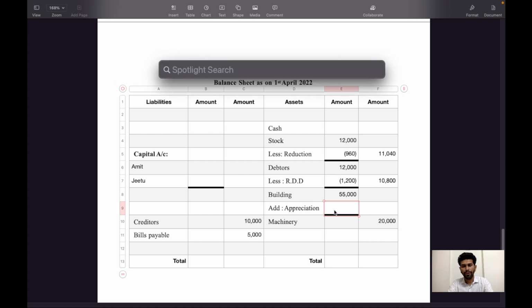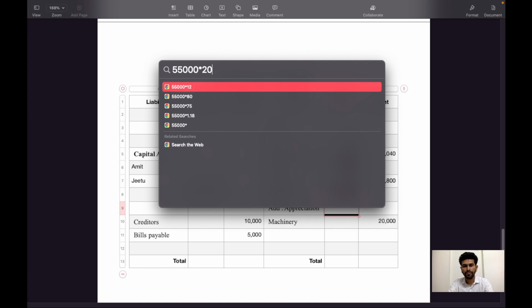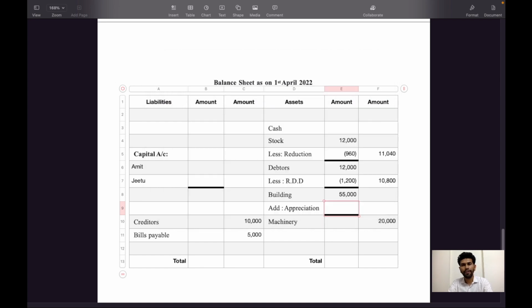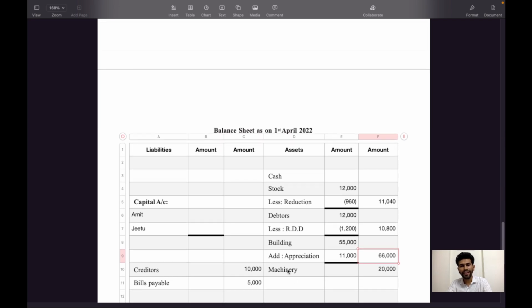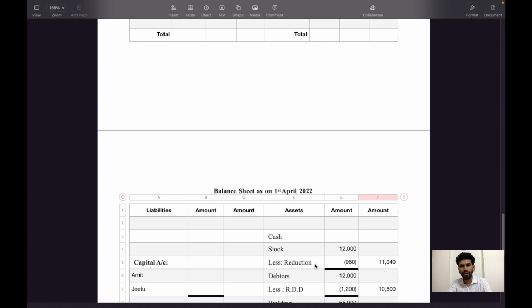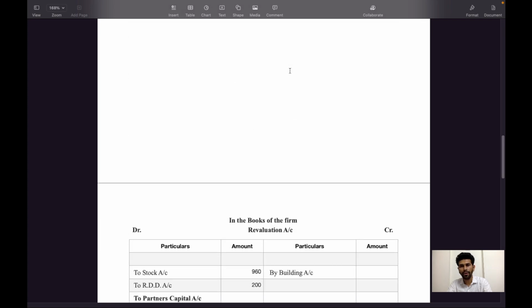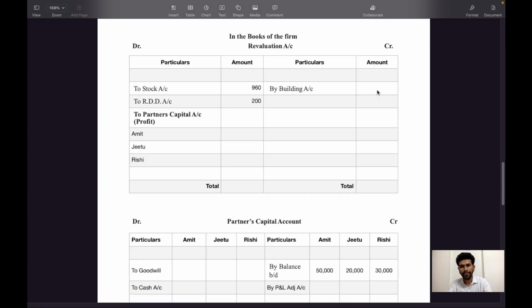So 20% of 55,000, 11,000 rupees will be added. Total will be 66,000. Increase in value of assets will be recorded on revaluation account credit side, 11,000 rupees.